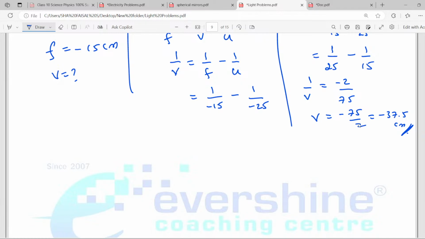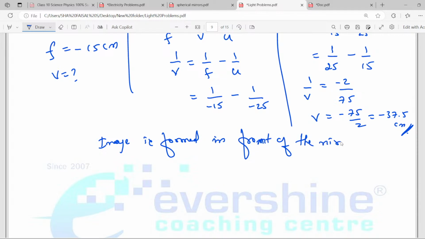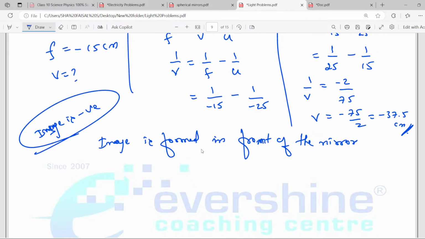Here V is negative, right? Since the image distance is negative, the image is formed in front of the mirror.